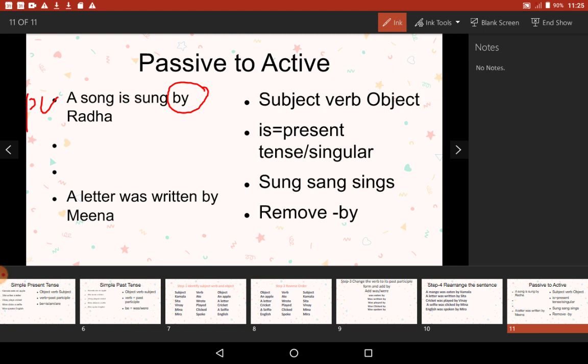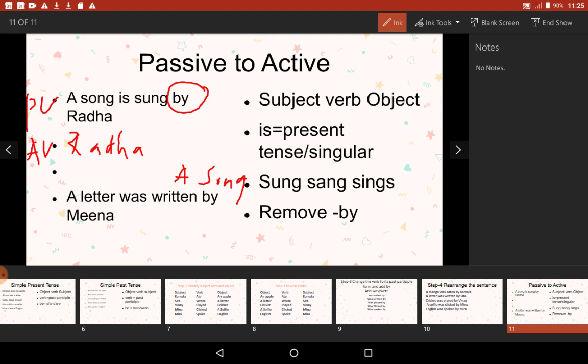Then we have to interchange subject and object. So in the active voice sentence, Radha becomes our subject and a song becomes our object. We interchange subject and object, which we would have done to make it passive voice.